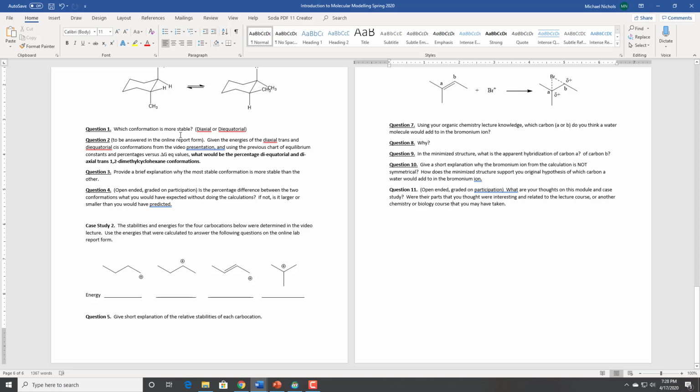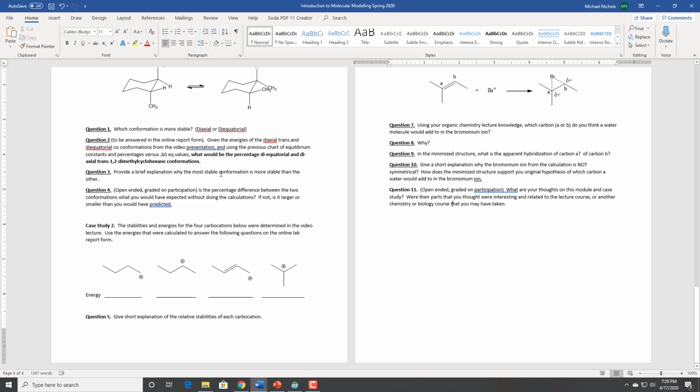So question number 1, which one is more stable, diaxial or diequatorial? Everybody should get that one right. Question number 2, given the energies that I just wrote down from the video presentation, what in the chart would be the percentage of diequatorial and diaxial?